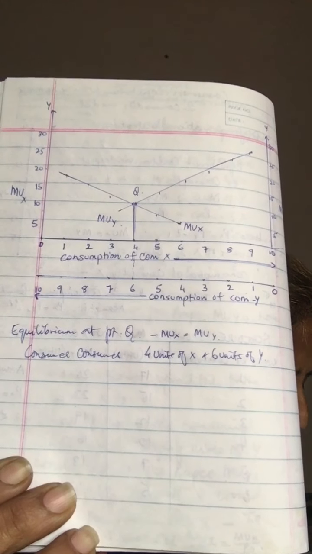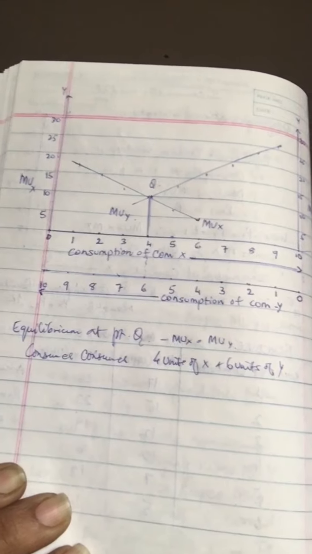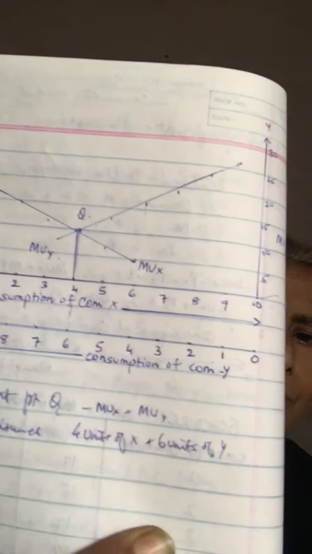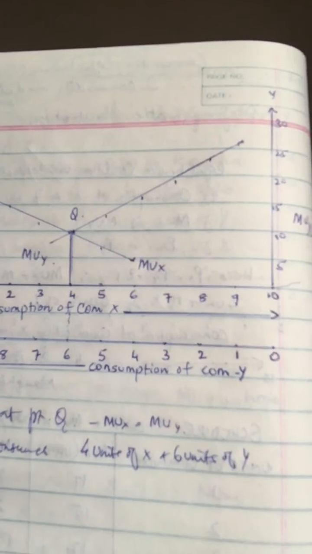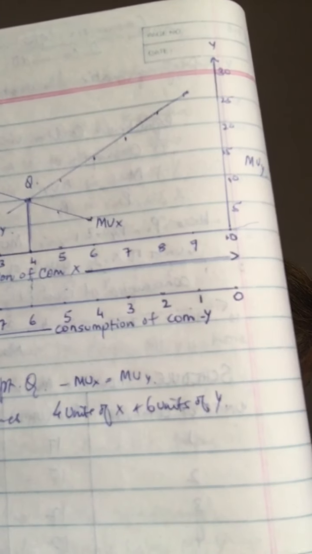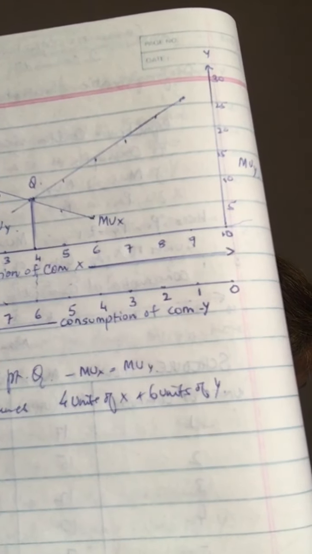MUY we put on the other side here. You can see that is the marginal utility in terms of Y. From here we begin with 0, 1, 2, 3, 4, 5, which is consumption of Y commodity. When he takes the first unit, he gets 26 marginal utility.